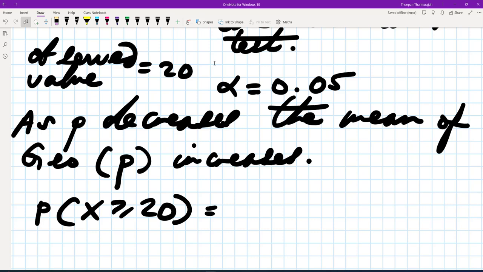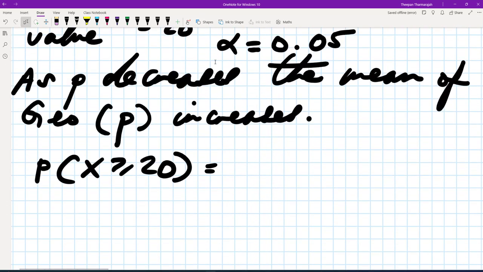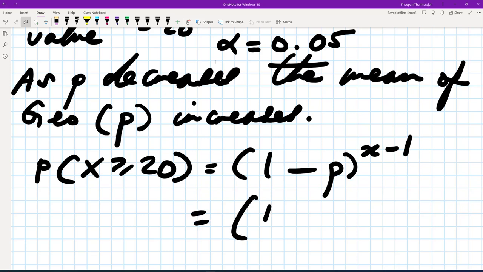We can use our formulas. You should memorize these formulas, by the way. So we want to be greater than or equal to x, so that's 1 minus p to the power x minus 1. So let's write that down. So that's 1 minus p to the power x minus 1. So in our case, it's 1 minus a sixth, 20 minus 1.